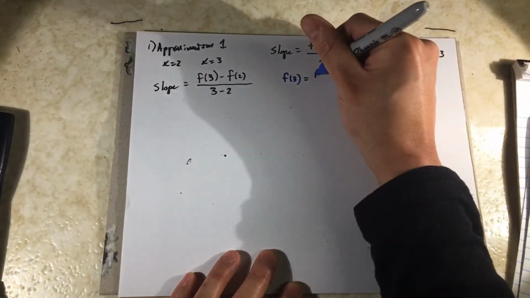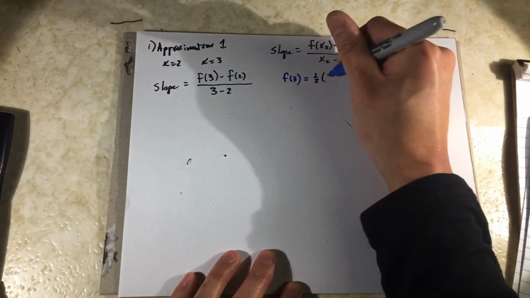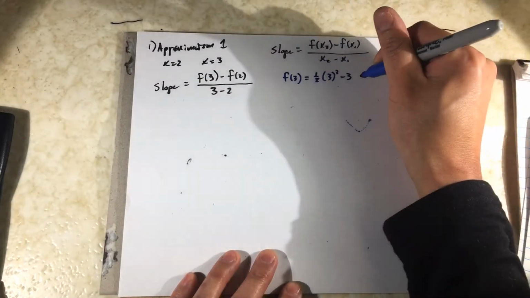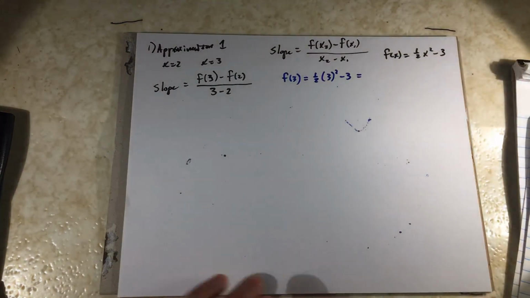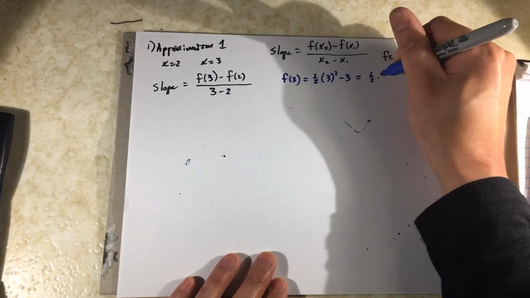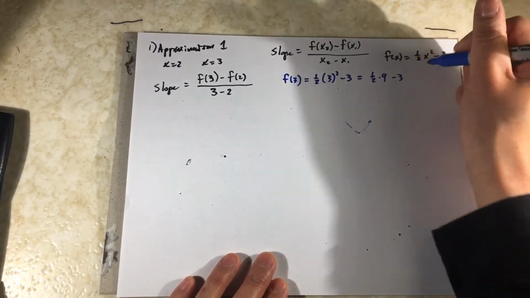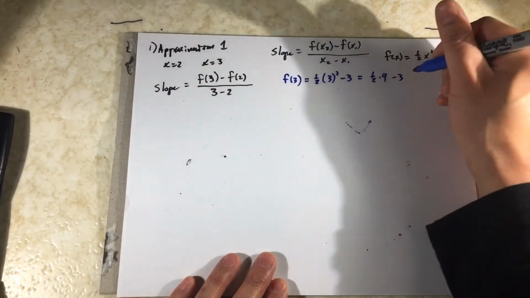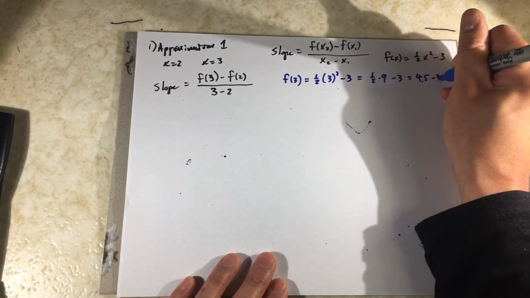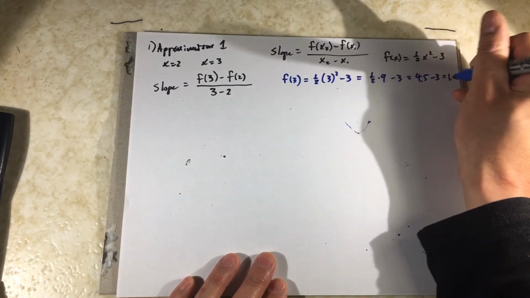So this is 1/2 times 3 squared minus 3. It's 1/2 times 9 minus 3, which is 9 times 1/2 is 4.5, minus 3. So this is 1.5.